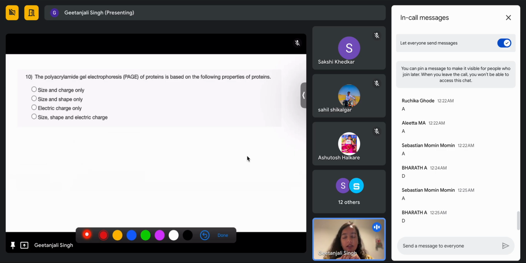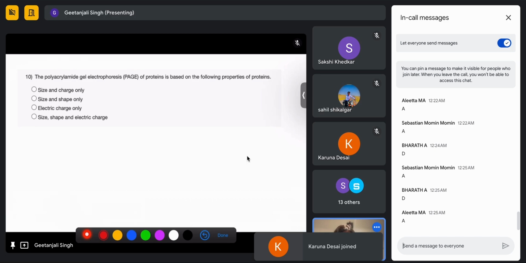Let's see what PAGE is. Gel electrophoresis is used for purification of proteins. Now let's discuss what PAGE actually is.